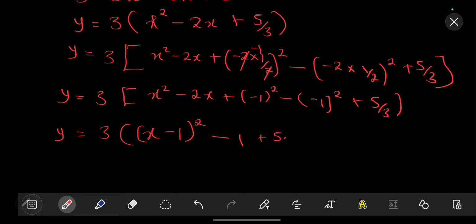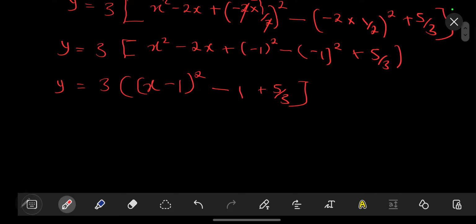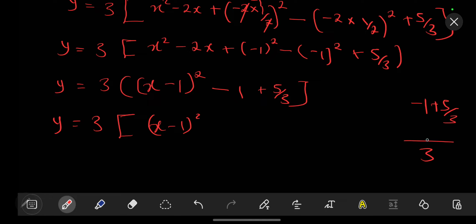Then we have plus 5 over 3. So then y equals 3, then we have x minus 1 squared. Then if we add negative 1 plus 5 over 3, the common denominator is 3, so we have negative 3 plus 5, which will give us 2 over 3. So same here, we have a positive 2 over 3.